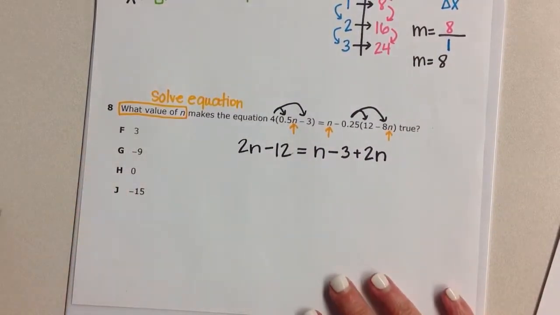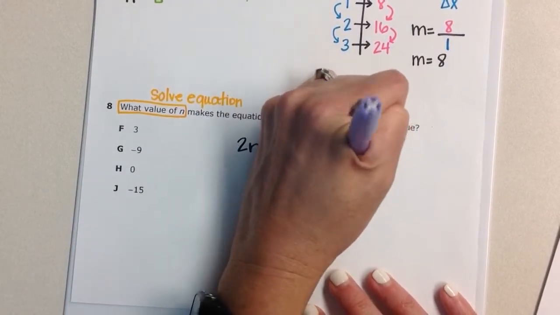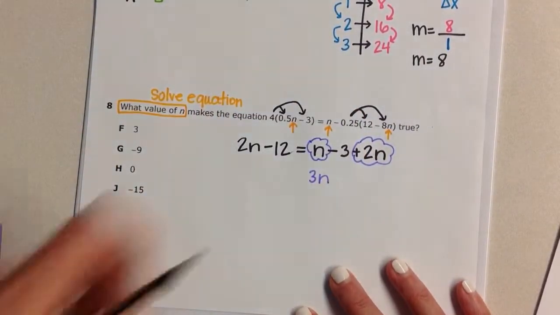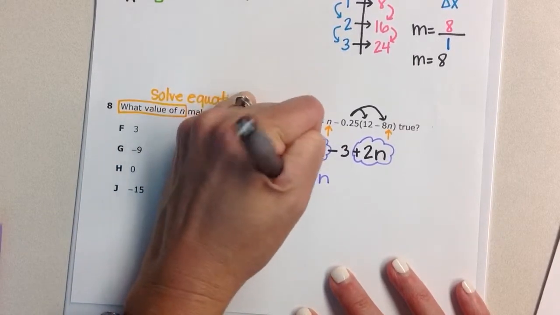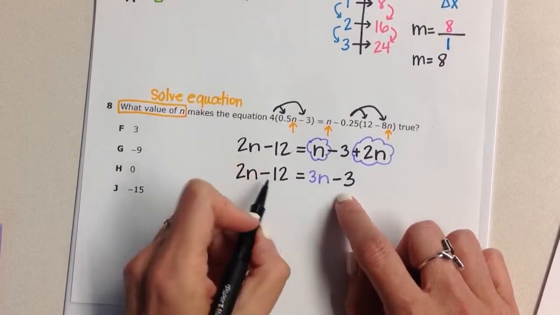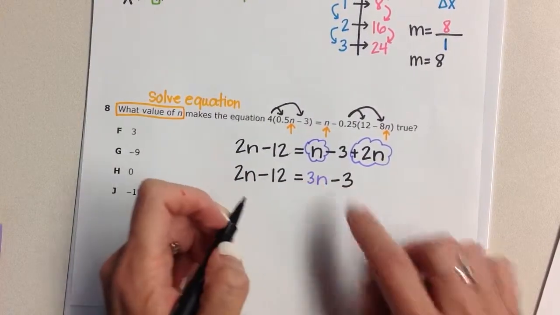Now I need to combine like terms. And if you notice, I have 1n here, and I have 2 more n over here for a total of 3n. And I'm going to bring everything else down because I have no other like terms to combine. And remember, I can only combine like terms if they are on the same side of the equal sign. So these n's I cannot combine to make 5n because they are separated by an equal sign.